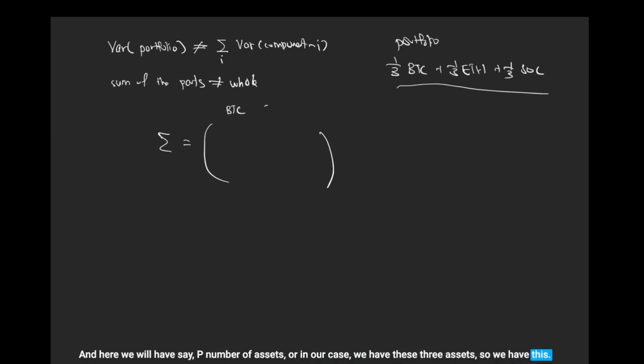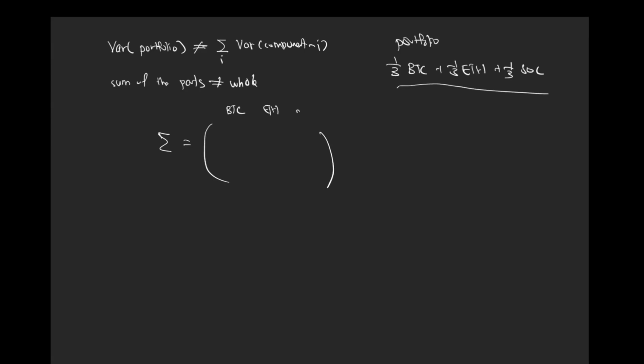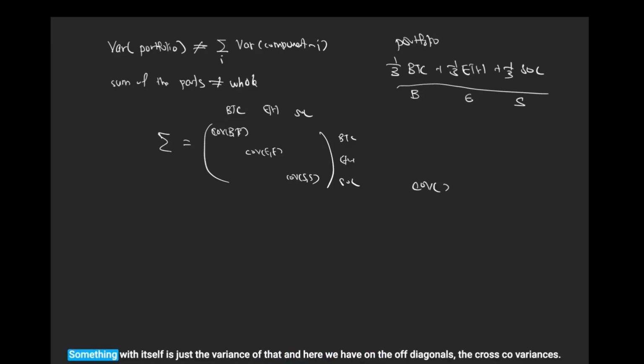So we have this, so let's call this B, E, and S. Then this is the covariance of B and B. On the diagonals we have this, and the covariance of something with itself is just the variance of that.